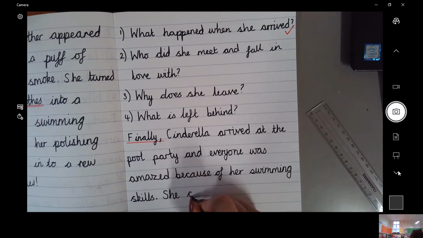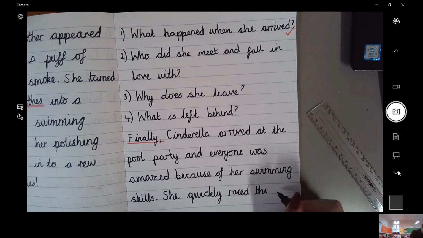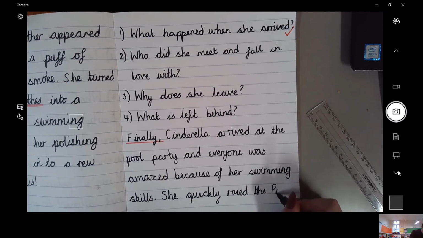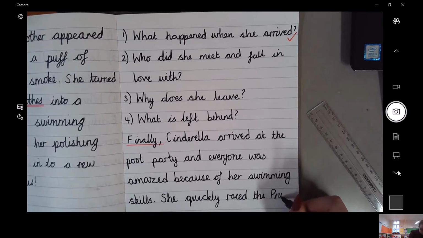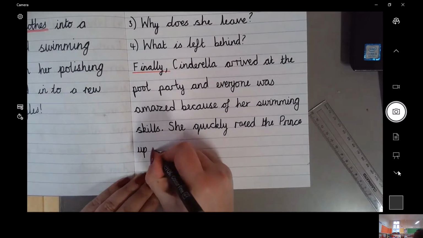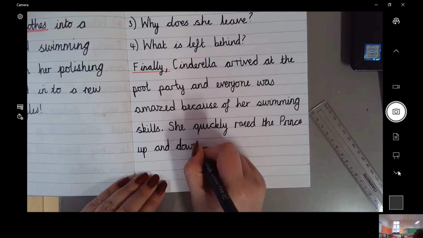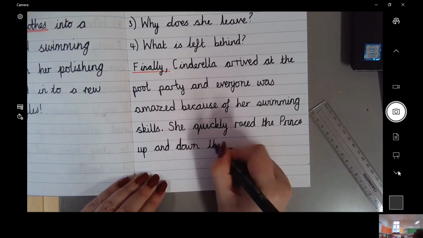She quickly raced the prince up and down the pool.